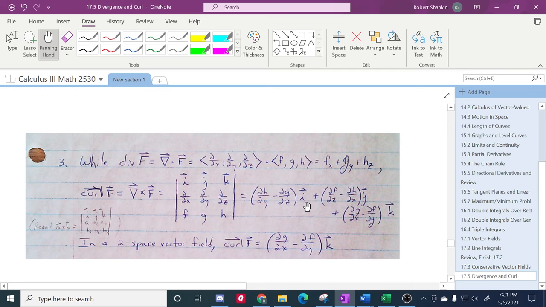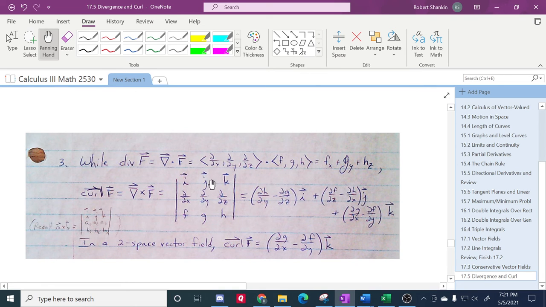So when you're doing the I, you get the other two, the G and the H. When you're doing the J, you get the mixed partials with the other ones.